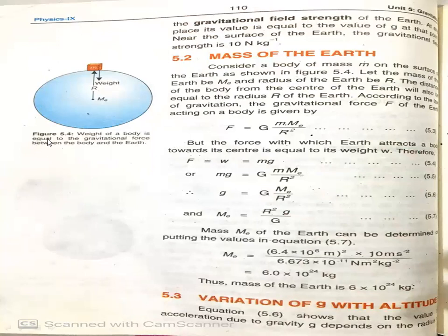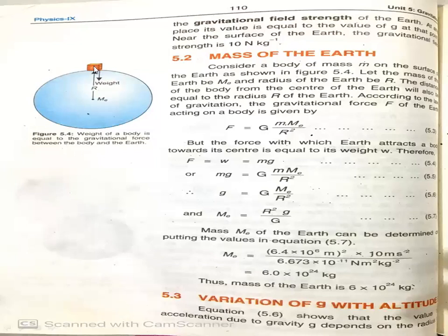The weight of the body is equal to the gravitational force between the body and the earth. This is the mass which is lying on the surface. This is the earth, the blue one, and this is a small body of mass m which is lying on the surface of the earth.